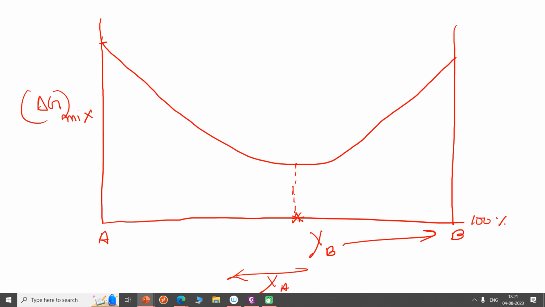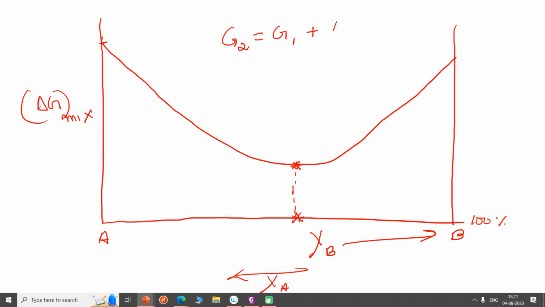If you take a given part of B in A, there will be a certain reduction in the free energy, and that is where we will have our equilibrium, right?